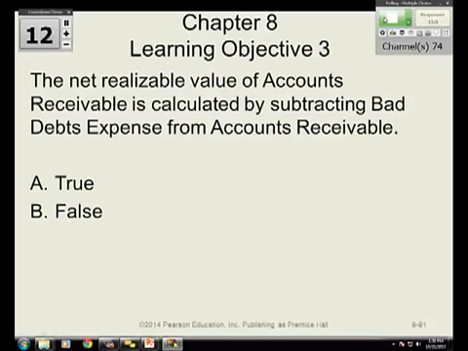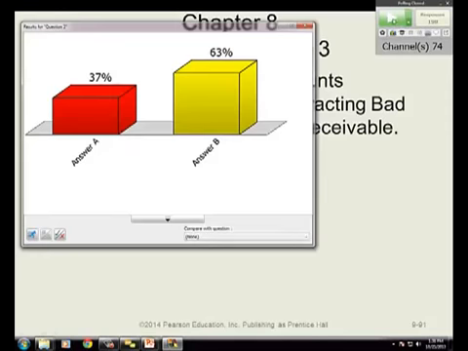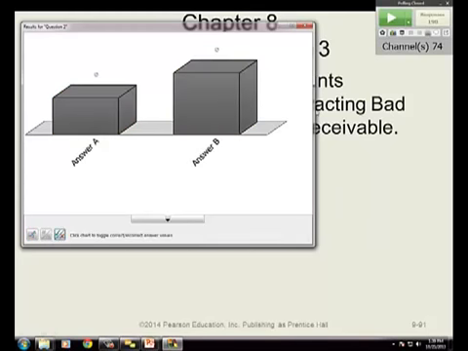The last answer counts. All right. Oh, almost the same thing. Net realizable value is accounts receivable minus the allowance for bad debts, not the bad debt expense. So net realizable value is accounts receivable minus the allowance for bad debts. All right. Okay.